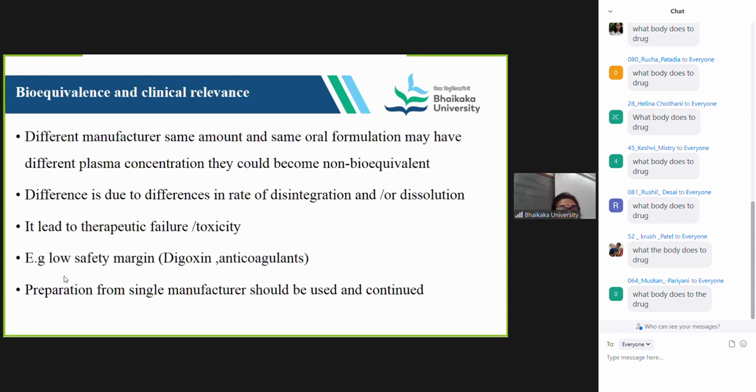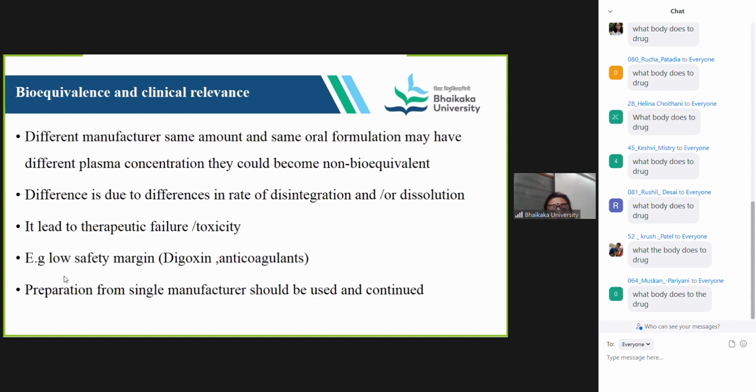And sometimes there are certain drugs which have their own low safety margin property. I have given examples here. One is digoxin and the other is an anticoagulant drug. They have the inherent property of low safety margin. Now the patient is taking digoxin of one brand, and if he changes, then there is a possibility that there may be some non-bioequivalent factor.